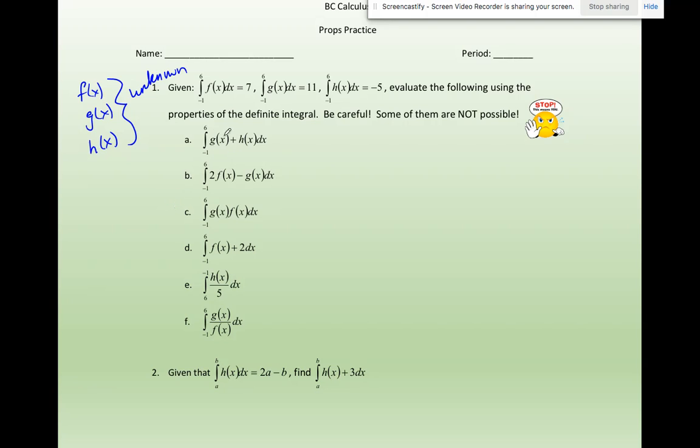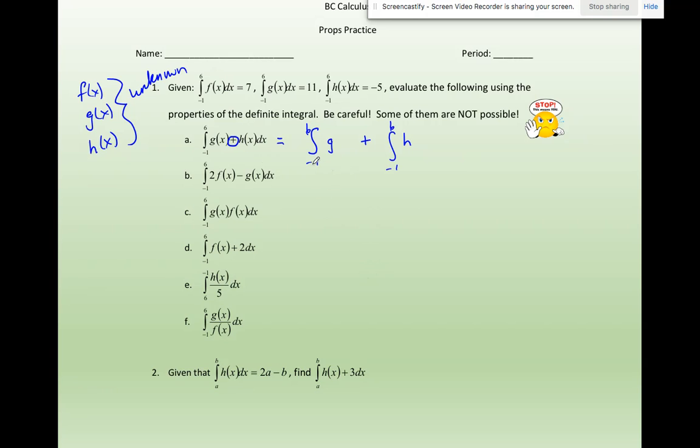So look at this one. The integral of a sum is the sum of the separate integrals. And I'm going to get sloppy and just write g and h. I should write g of x dx and h of x dx, but look at the top.